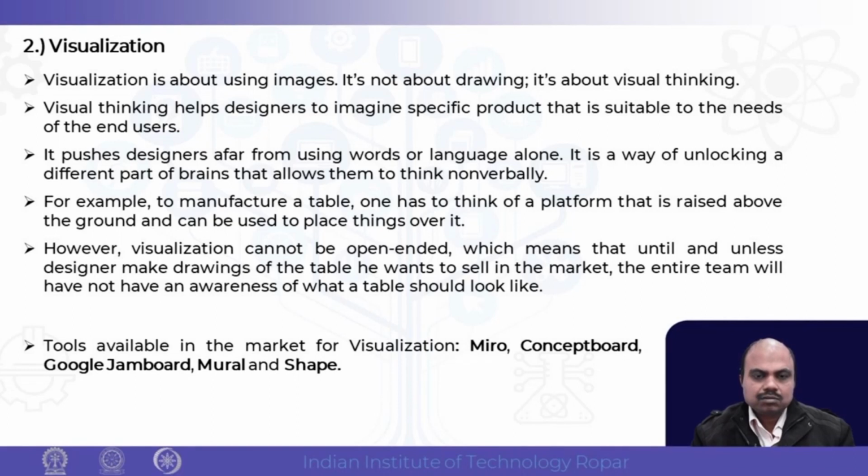An example: to manufacture a table, one has to think of a platform that is raised above the ground and can be used to place things on it. However, visualization cannot be open-ended, which means that unless designers make drawings of the table they want to sell, the team will not be able to understand. So visualization is not about just thinking.